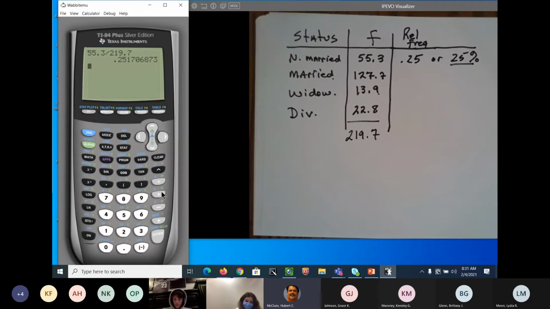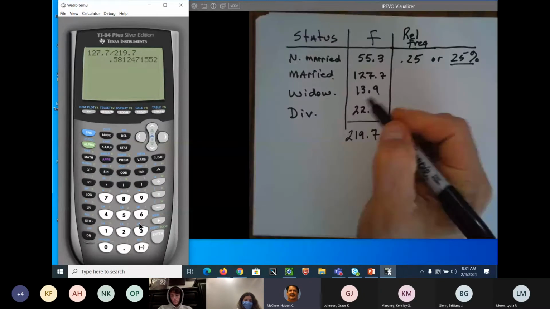Now that's not correct. Wait a minute. How can I have 219? Oh, that's 219. Whew. I thought I was seeing things. 127.7 divided by 219.7. And I need somebody to do the last two for me because this takes too long with this mouse.